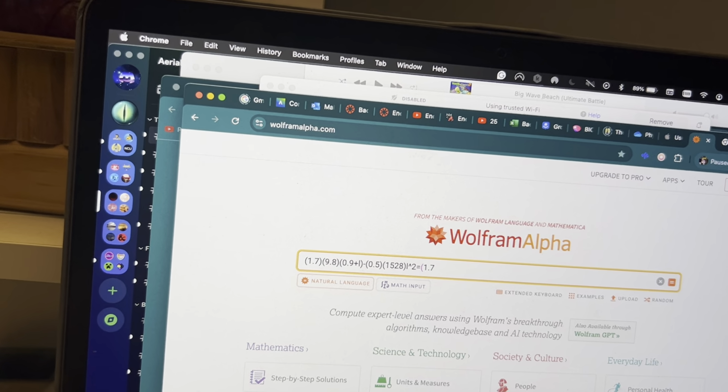Okay, assuming L is a variable, yes, of course it's a variable, and oh dear.